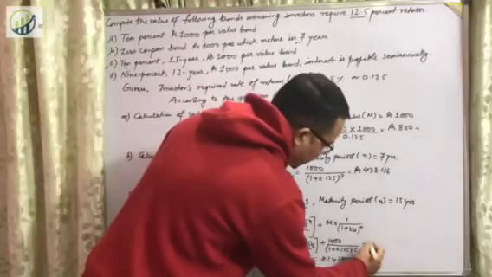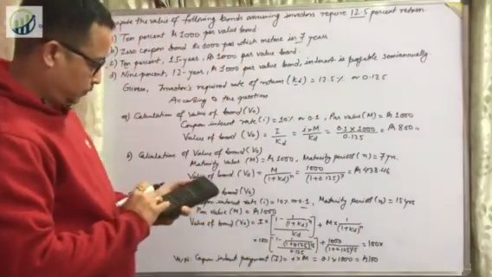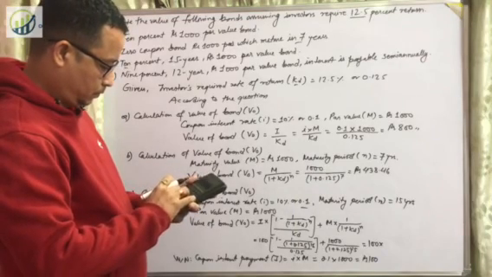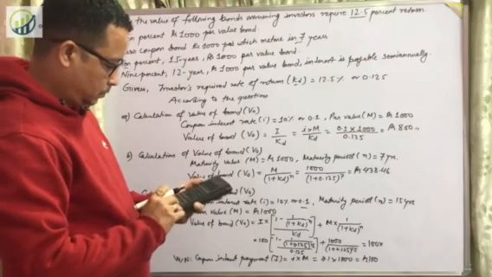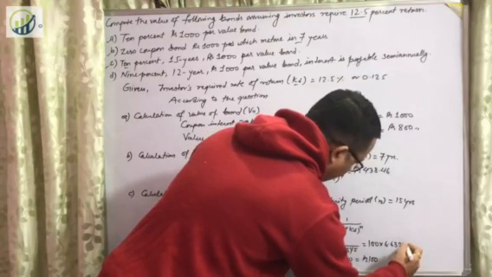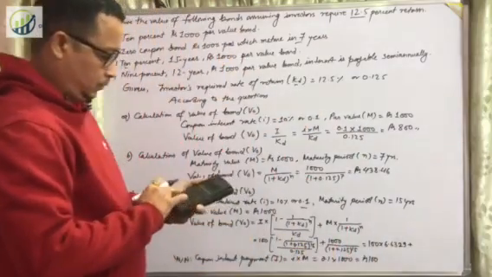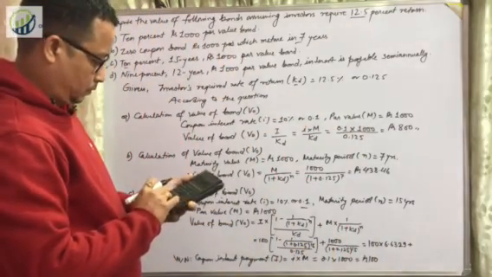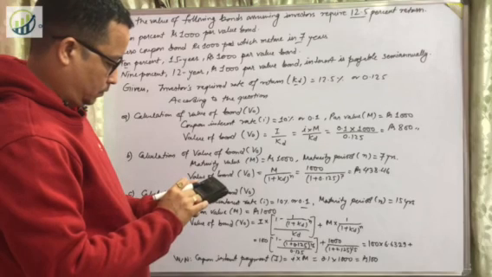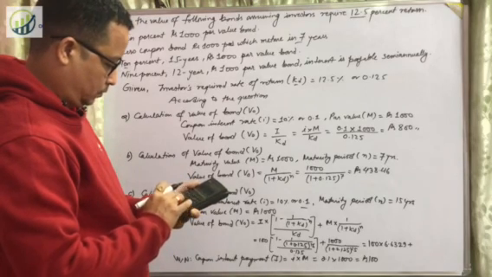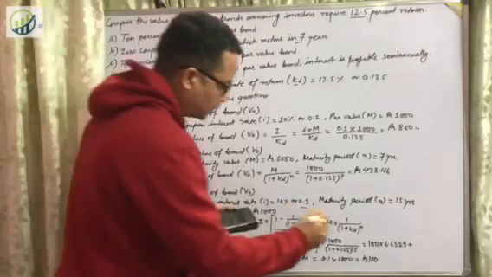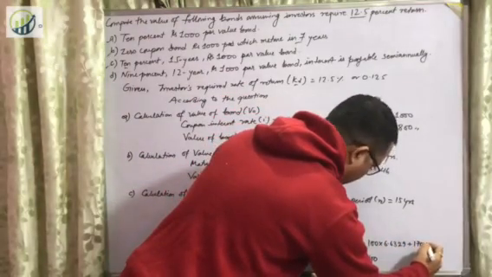So let's write 100 into 6.63289, plus 170.89.